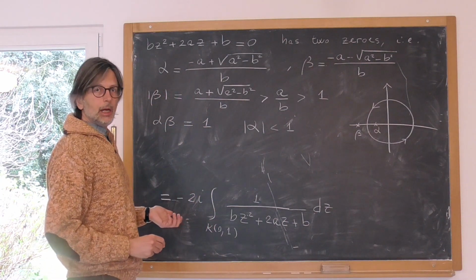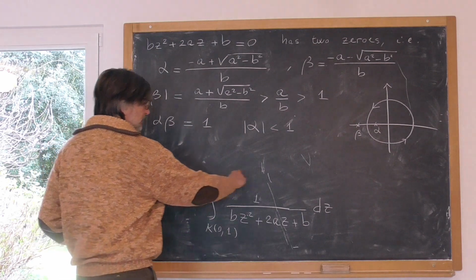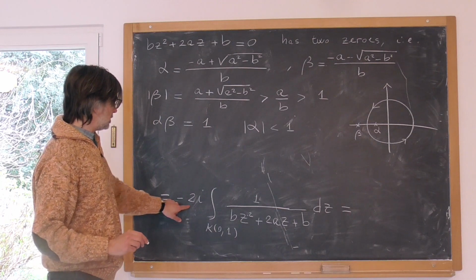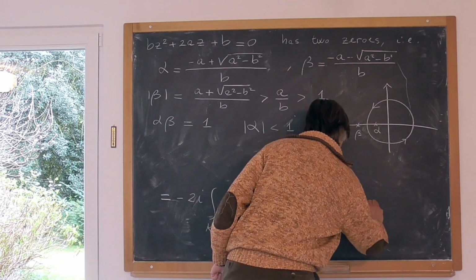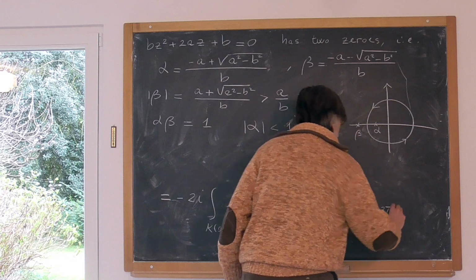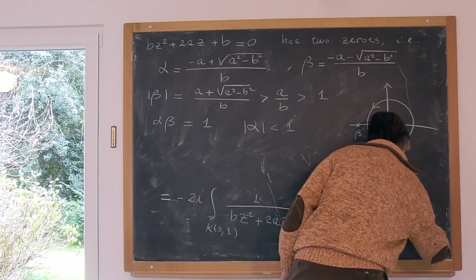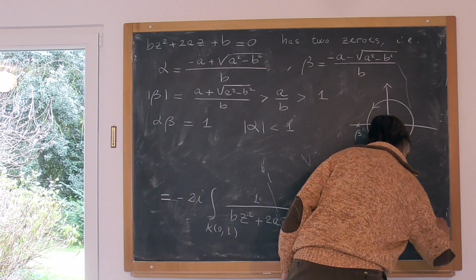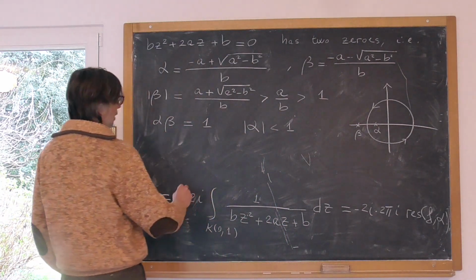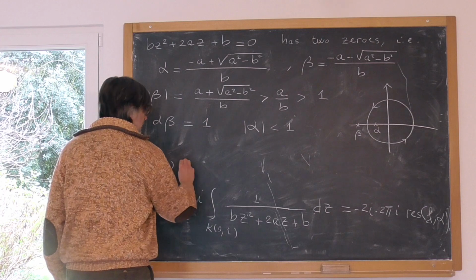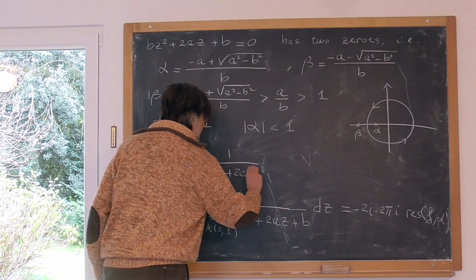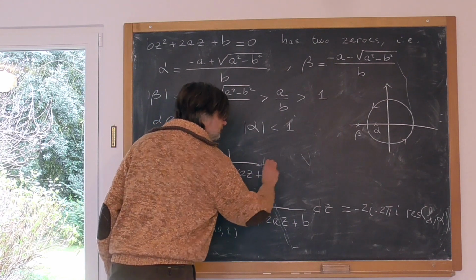And so from the residue theorem, we conclude that this integral equals, so we have this number minus 2i, we can just copy it, times 2π times the residue of the holomorphic function f at alpha, where now f is the function f of z equals 1 divided by bz squared plus 2az plus b.